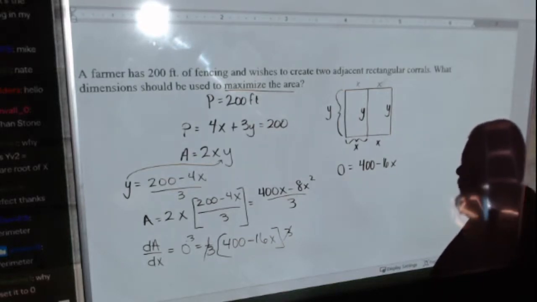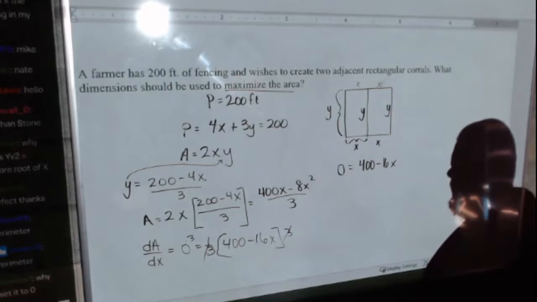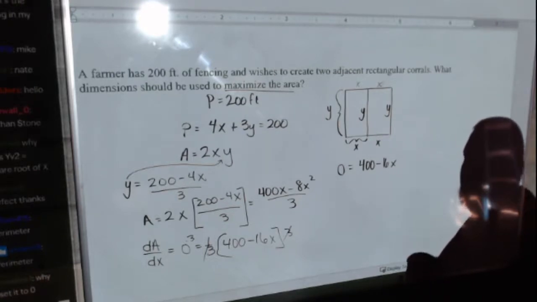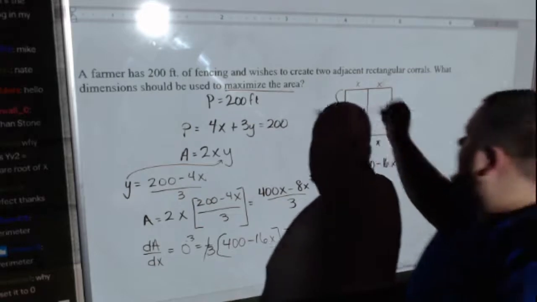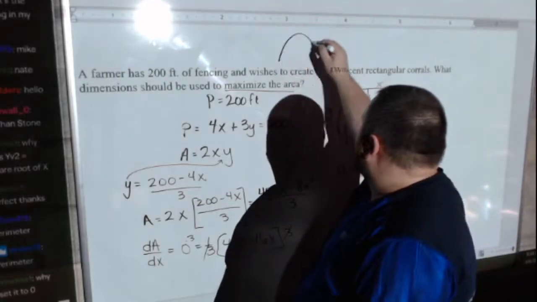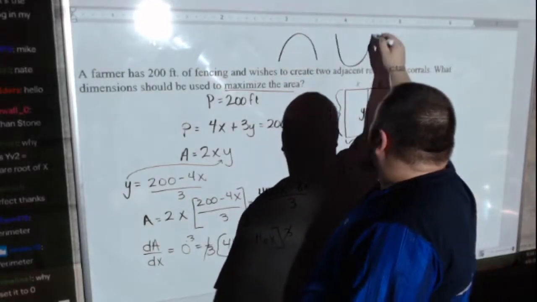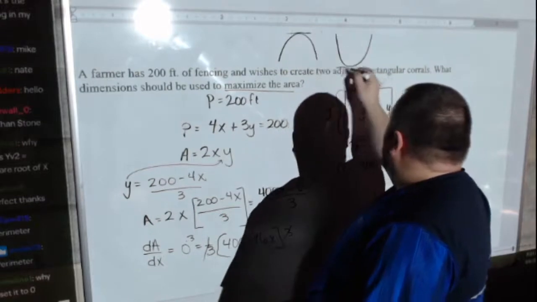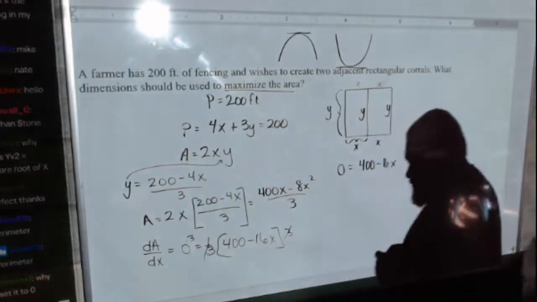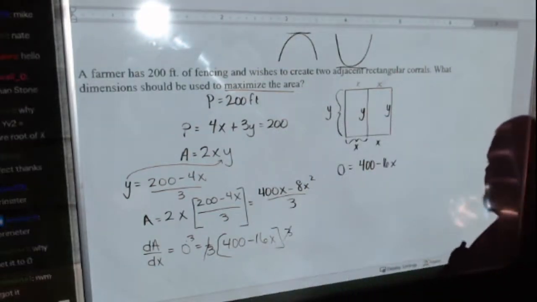Remember that the critical values occur at points where the slope is 0. Our derivative represents the slope. And where the slope is 0, that's where your curves have this kind of behavior, so either there or there, which are maximums or minimums.